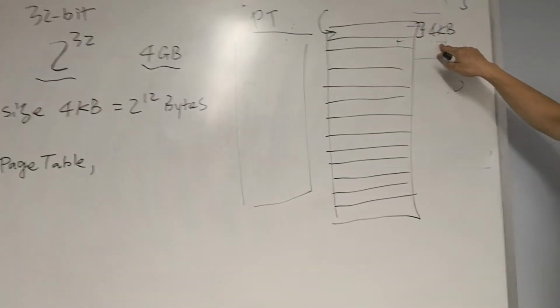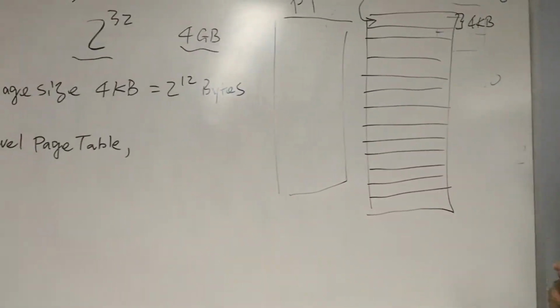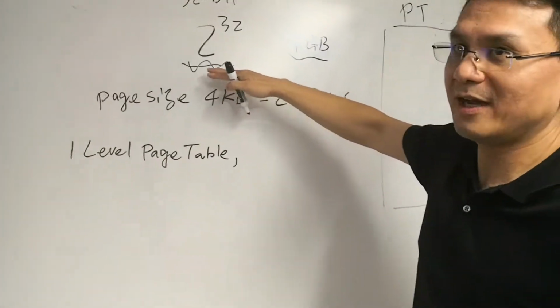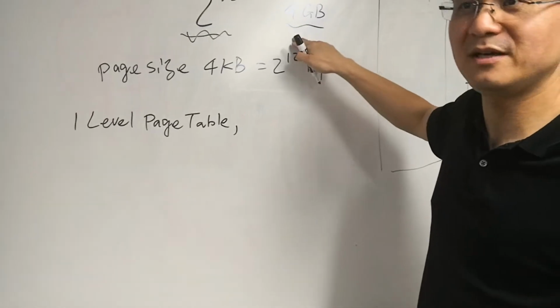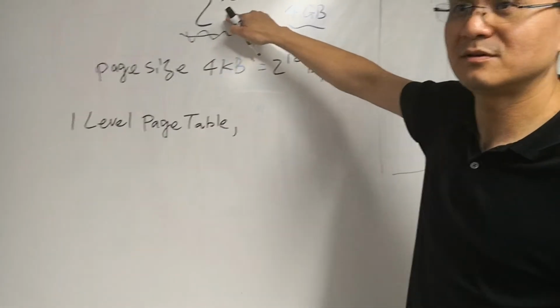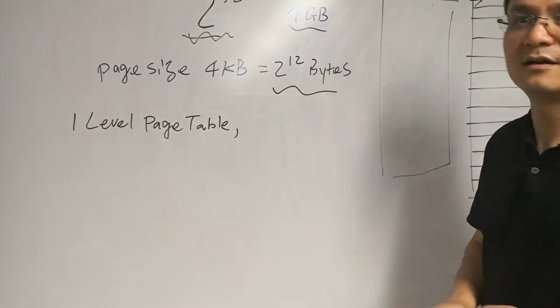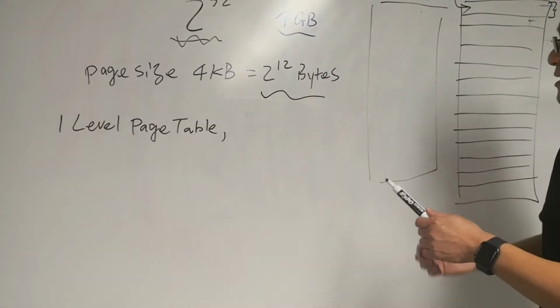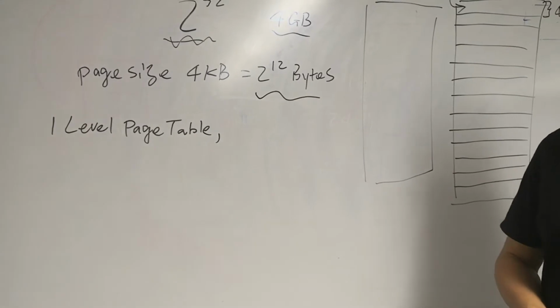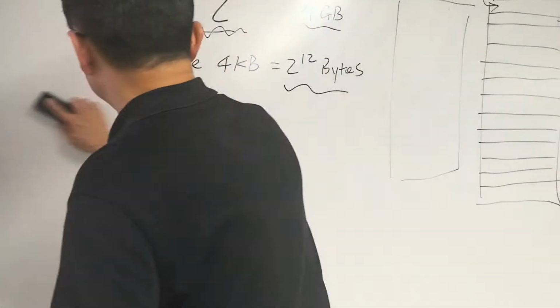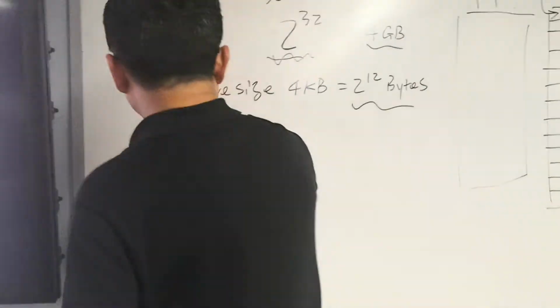You got the idea? No? Okay. So this is the address space size, 4 GB, 2 to the 32, right? And each page is this big. How many pages can you have?